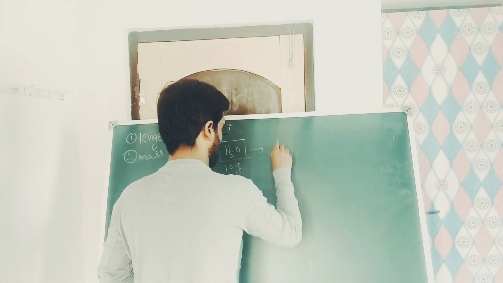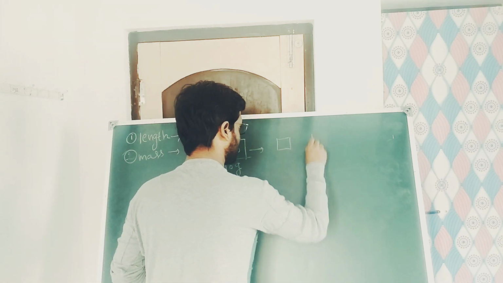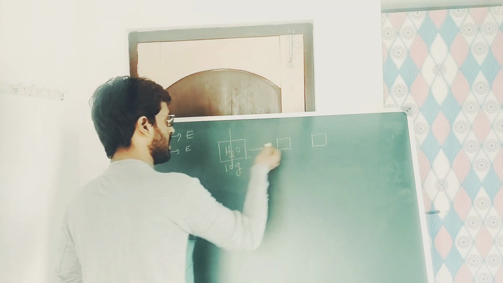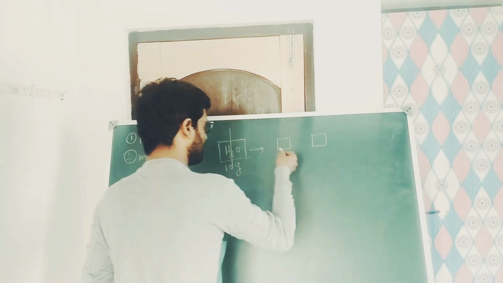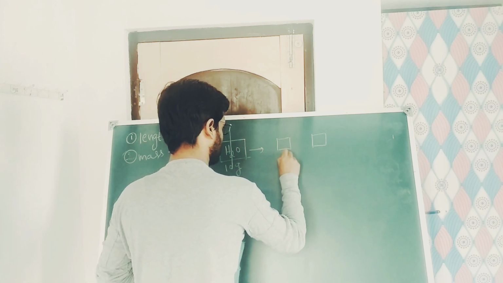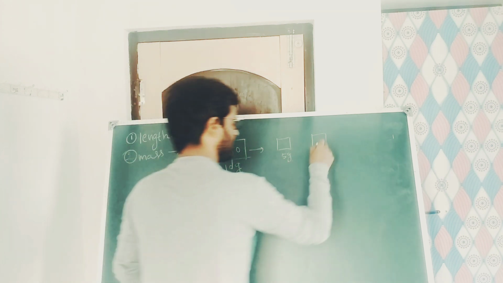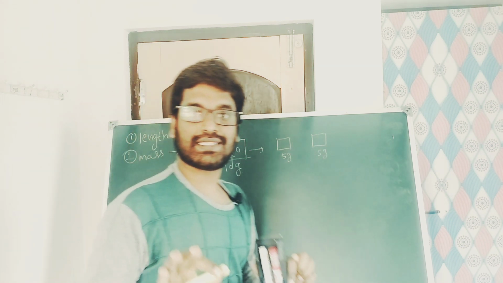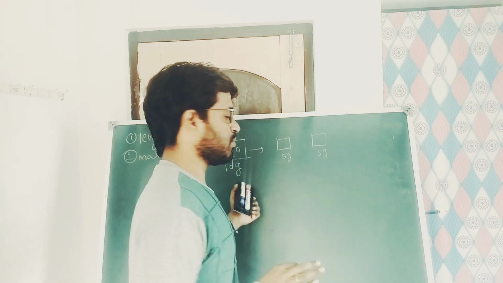After bisection, I have two small parts. Now in this part, suppose the water is 5 grams, and here the water is 5 grams. It is okay. So I am talking about the system mass, so that is an extensive property.